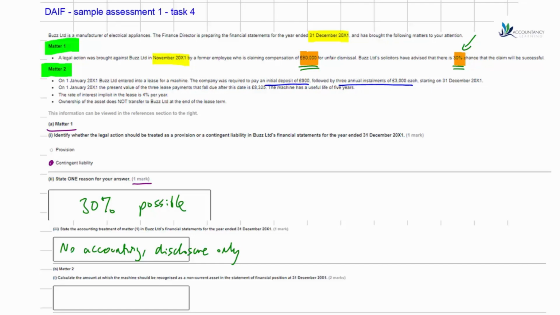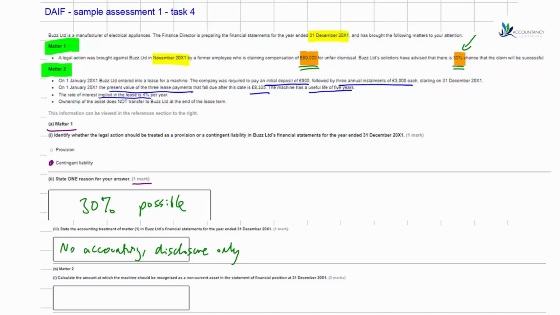On the 1st of January 20X1, the present value of the 3 lease payments that fall due after this date is £8,325. The machine has a useful life of 5 years. The rate of interest implicit in the lease is 4% per year. Ownership of the asset does not transfer to Buzz Limited at the end of the lease term.